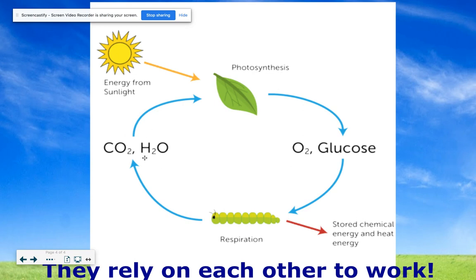So we get that stored chemical energy and heat energy produced here at the end. And after we produce that, the plants take it in to give us what we need. We take that in and we process that to give what plants need, and the cycle continues. So they rely on each other to work. You can't have photosynthesis without cellular respiration, and you can't have cellular respiration without photosynthesis.